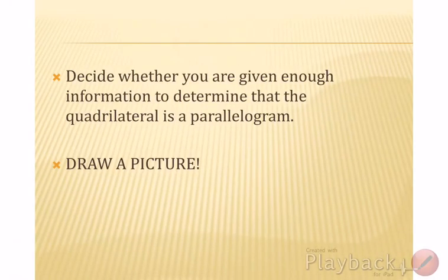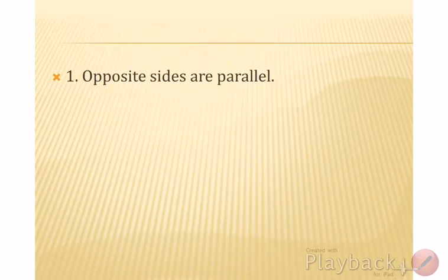Let's get a little more interesting. You're going to decide whether or not you've been given enough information to determine that a quadrilateral is actually a parallelogram. So we need you to draw a picture for each example. Here we go.